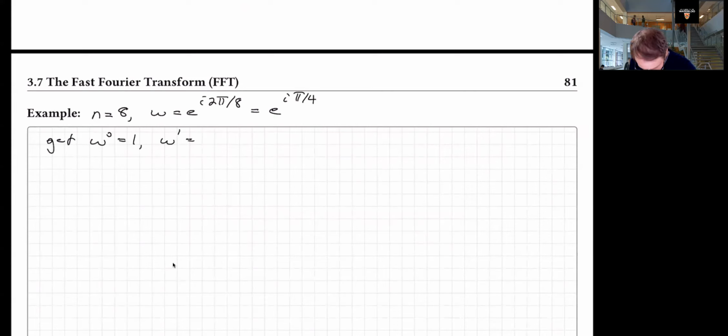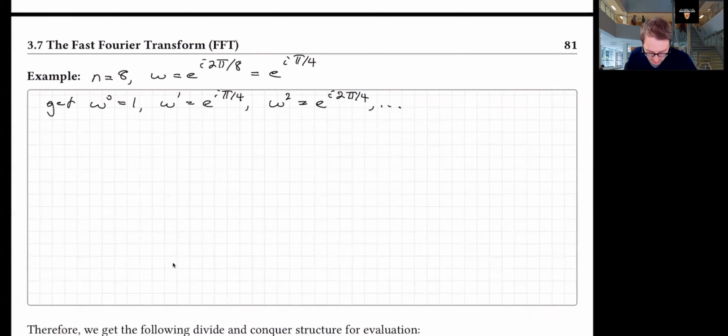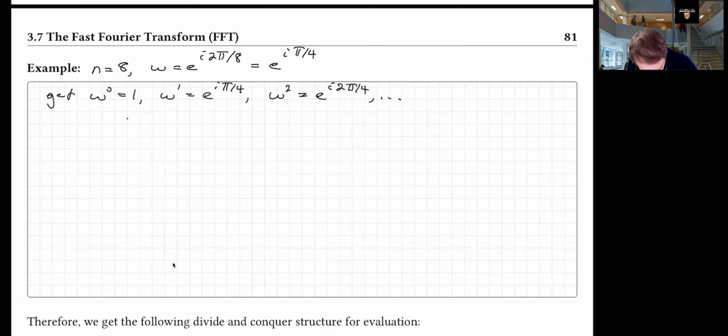Omega to the power of 1 is e^(i pi over 4). Omega squared is e^(i 2 pi over 4), and so on. And so these points are just spaced out on the unit circle by an angle of pi over 4.